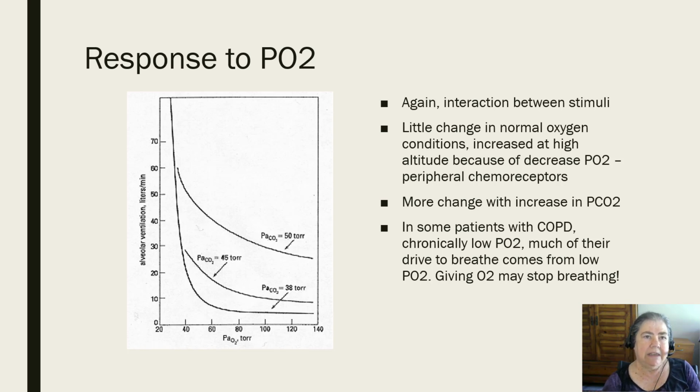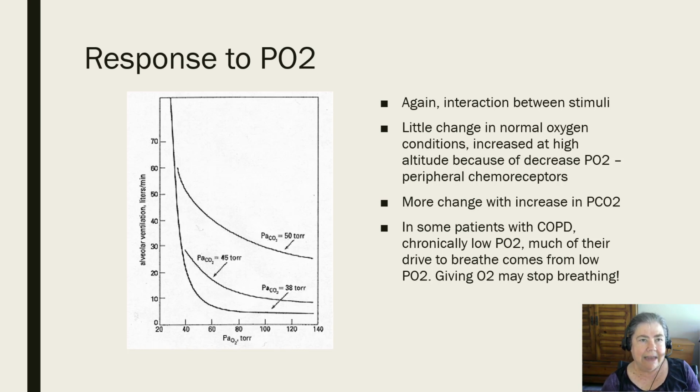So this happens in these folks who sometimes are sort of on a knife edge and they have a little cold, an exacerbation, their oxygen level drops some, they're short of breath. They call 911, and in the ambulance, they're given oxygen because they're short of breath.